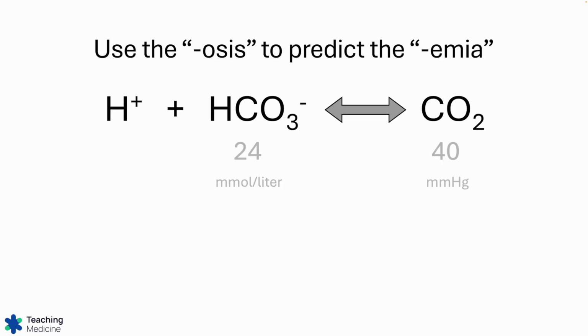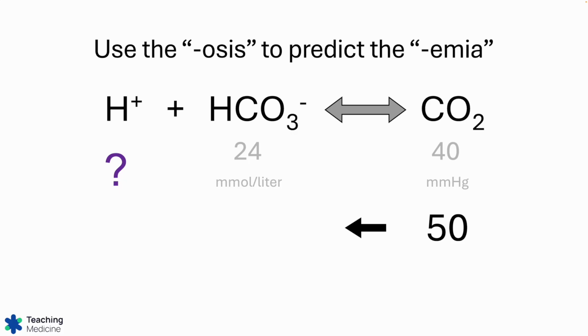So let's go into a couple numerical examples, and we're going to use the osis process to predict the emia. So if I told you that the CO2 was 50, you would look at that and you would say, okay, the CO2 is higher than normal. What is this going to do to the hydrogen ion concentration? And we're going to go back to shifting chemistry.